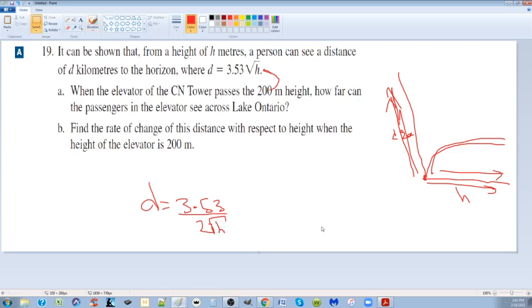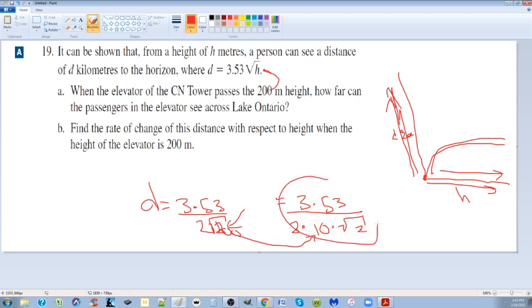Now I know that h is 200 again. So I end up with 3.53 divided by 2 times 10 times the square root of 2. I can bring the 10 out, left with square root of 2, and the distance is in kilometers per meter of height.